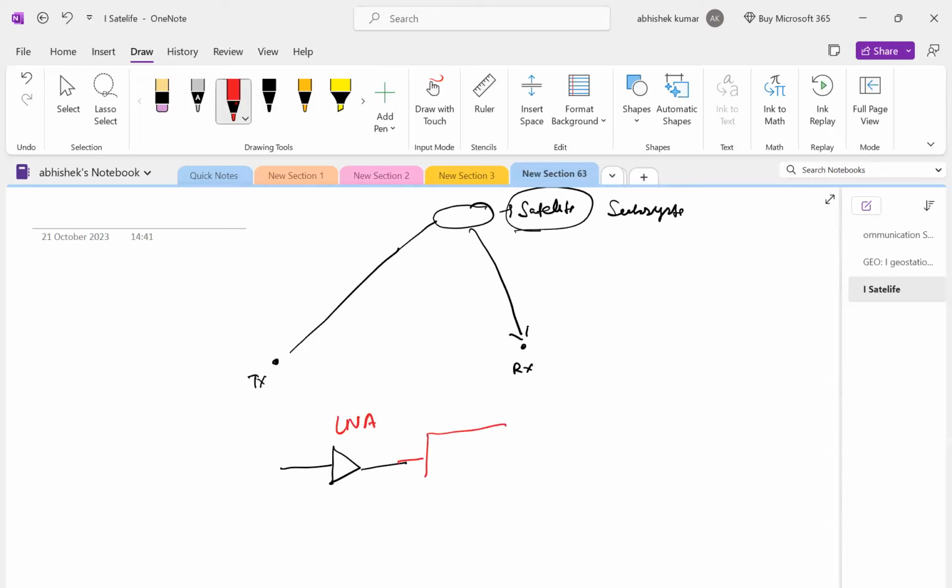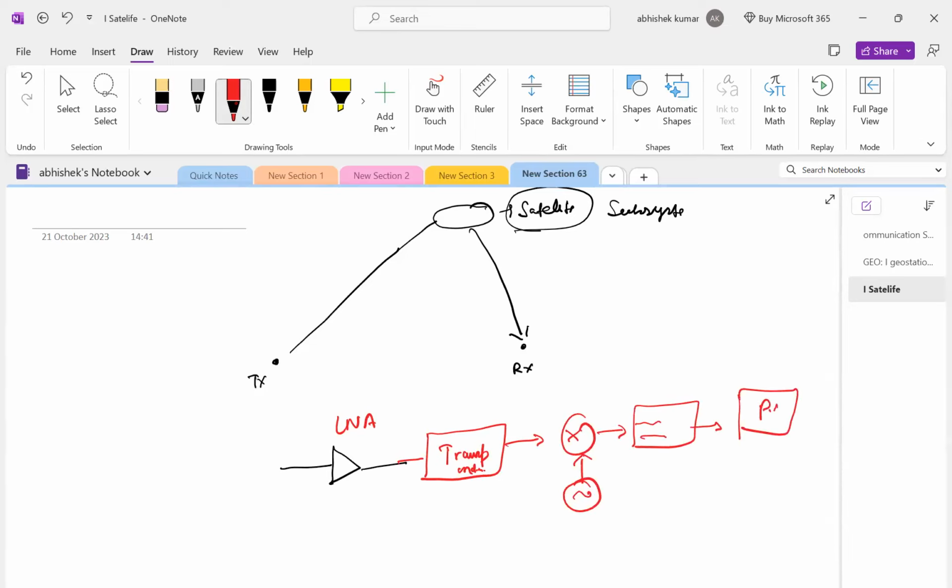After that we have the transponder, then a mixer for frequency shift, and then the gain path and power amplifier.